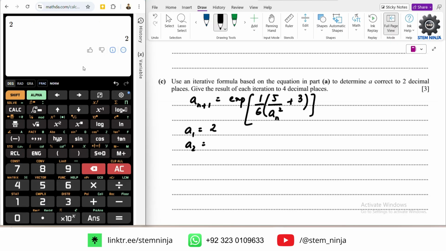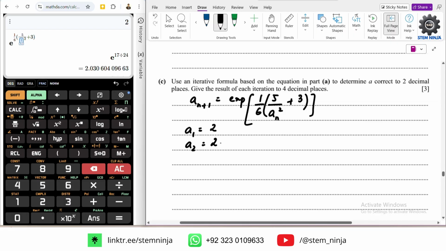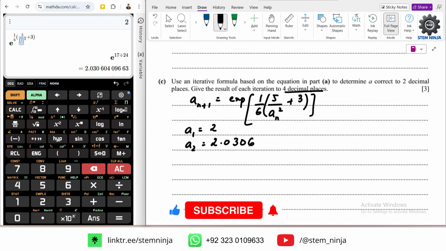First save 2 in the calculator, then e raised to the power 1 over 6 times 5 over answer squared, plus 3, brackets. So this is 2.0306, as we needed 4 decimal places.